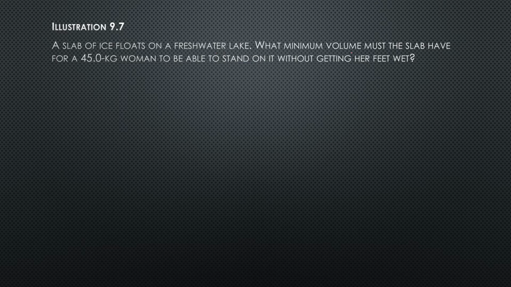What minimum volume must the slab have for a 45-kilogram woman to be able to stand on it without getting her feet wet? Okay, so the question is, what is the minimum volume so that the woman wouldn't get her feet wet.